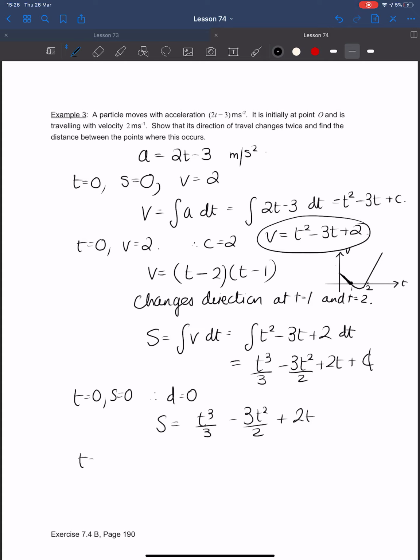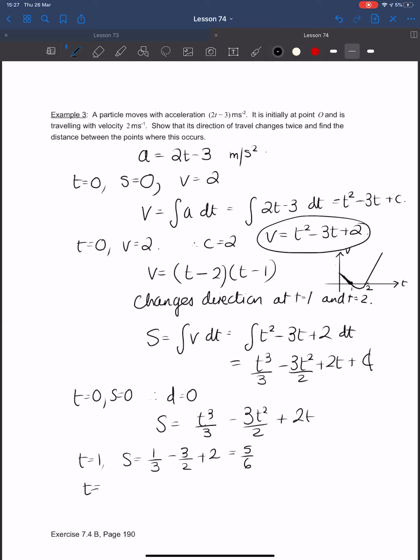Okay, t equals 1, s is equal to 1. All the powers of t are 1. So it's 1 over 3 minus 3 over 2 plus 2. So this is a third minus 1.5 plus 2. Well, minus 1.5 plus 2 is the same as plus a half. So it's a third plus a half, which is 2 sixths plus 3 sixths, which is 5 sixths.